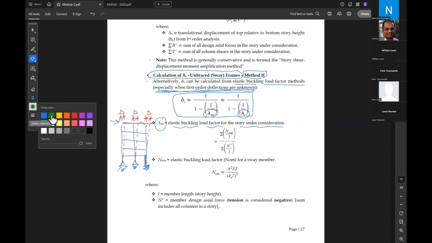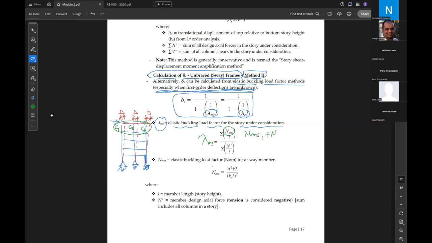For example, if we are in this story, lambda ms will be equal to the summation of N_oms over L divided by the summation of N star over L. If you have columns 1, 2, 3, you need to find N_oms 1, 2, 3 divided by L1, L2, L3.